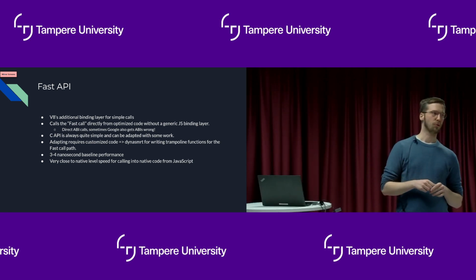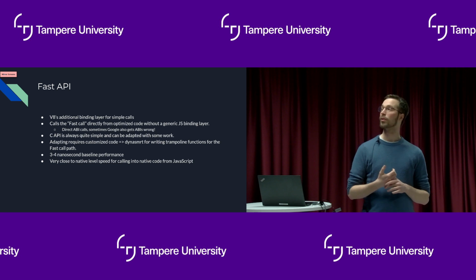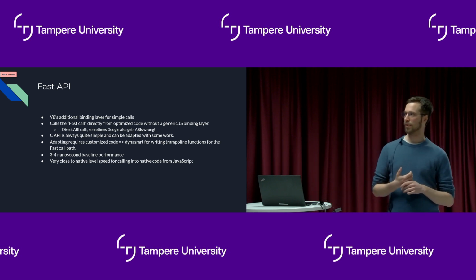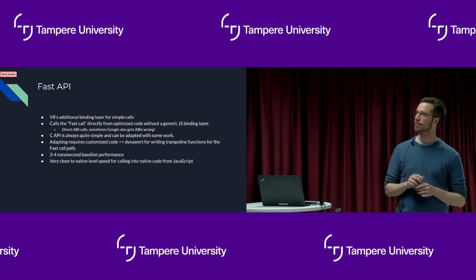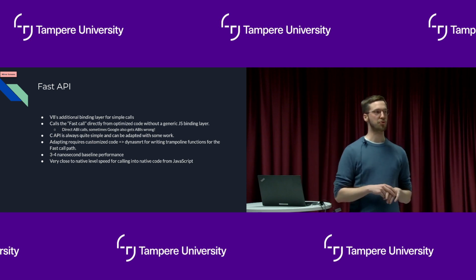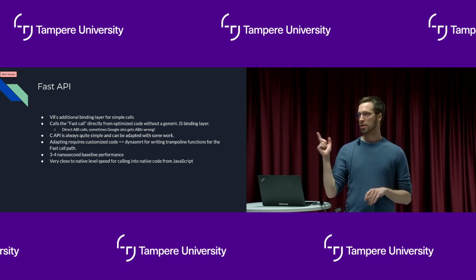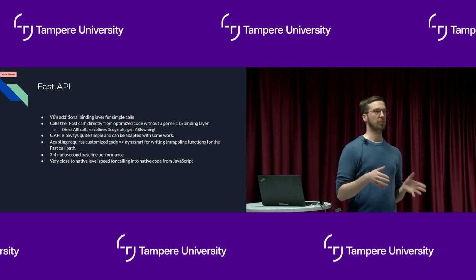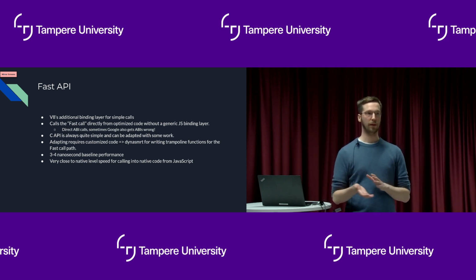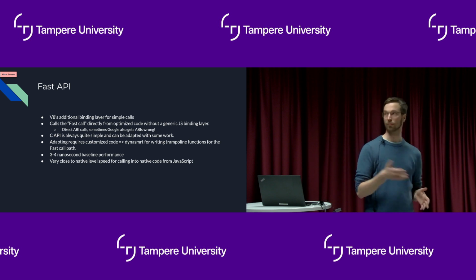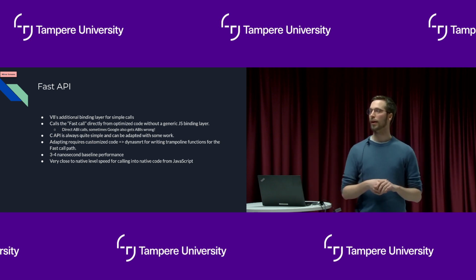There's a wonderful crate in the Rust ecosystem called Dynasm RT, which is used to write trampoline functions in the fast call path. This is a crate for writing dynamic assembly at runtime, as the name suggests.